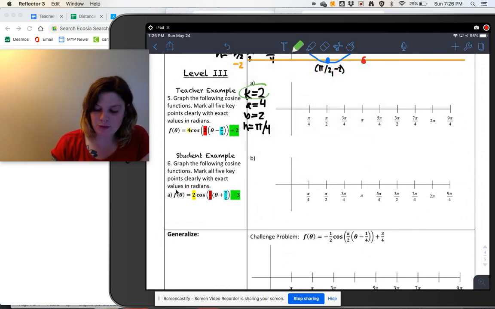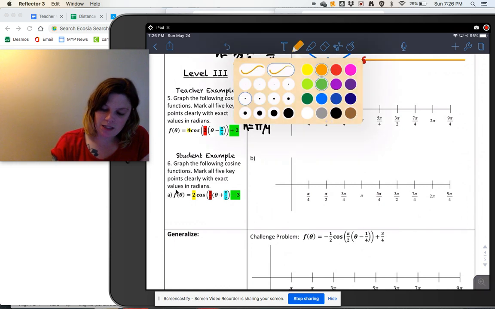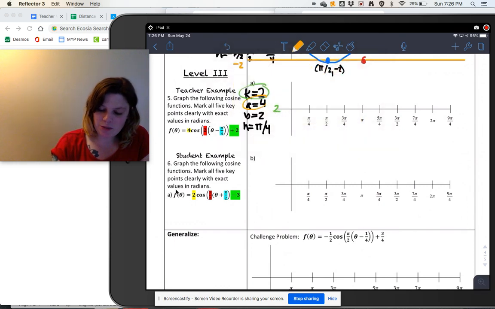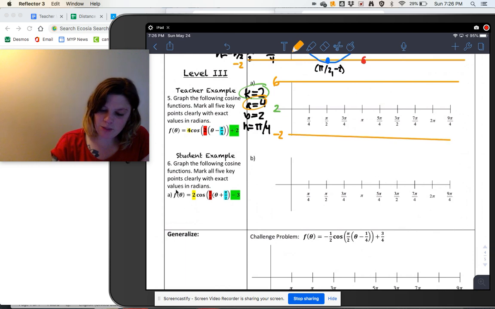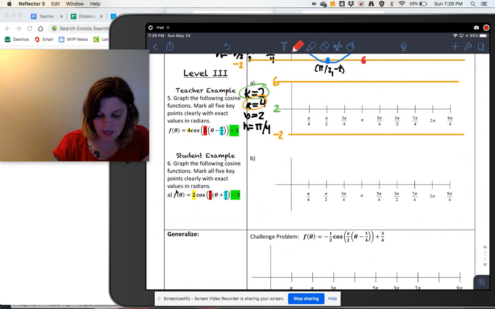K is 2, so that would be our middle line. A is 4, so that means we need to go 4 up from there to 6, and then 4 down from there to -2. And then our B value is 2. So remember, that means that we used to have a period of 2 pi, but now our period is 1 pi.